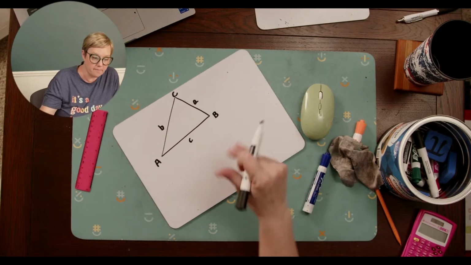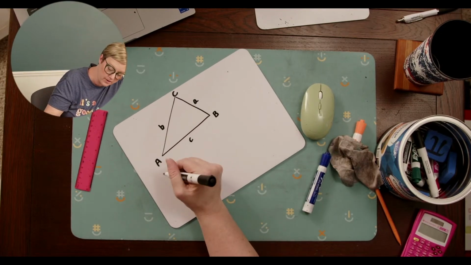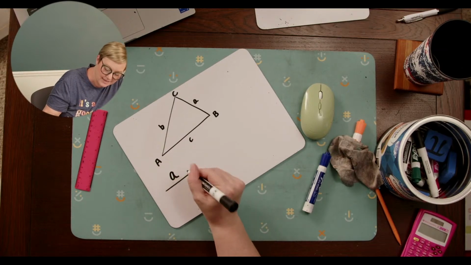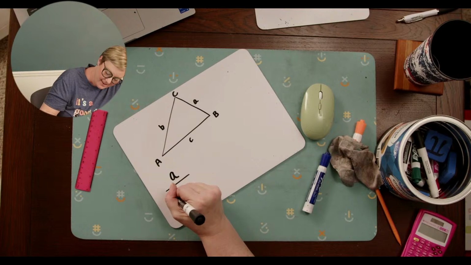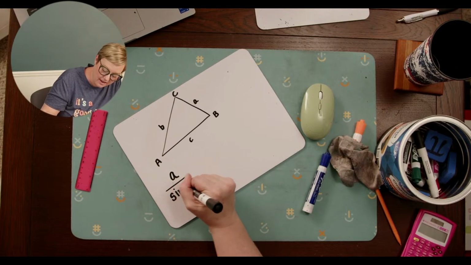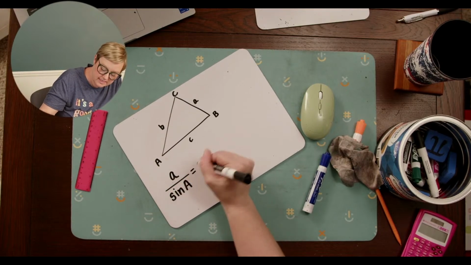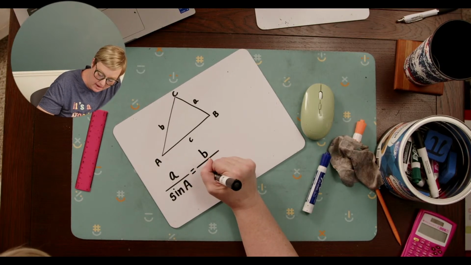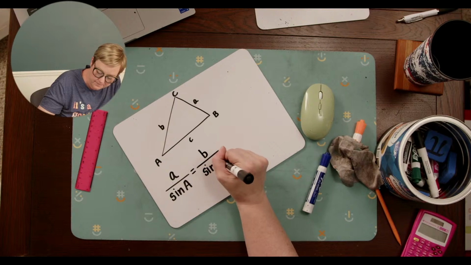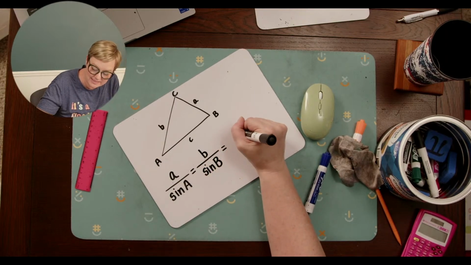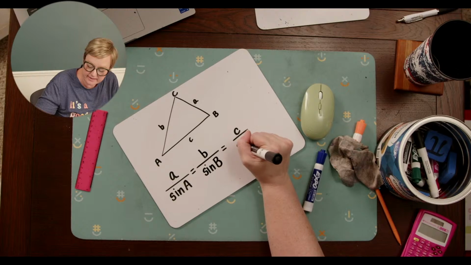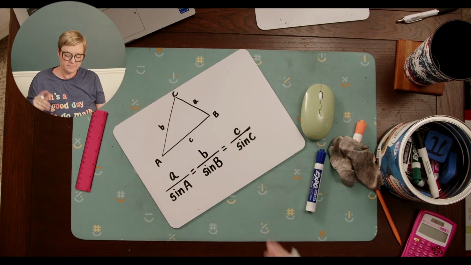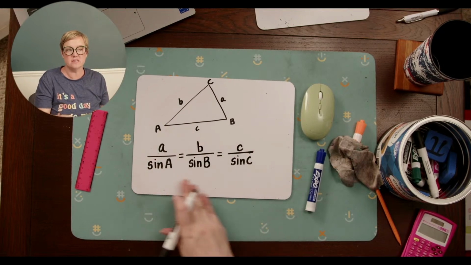So, for example, the ratio between side a and sine A is the same as the ratio between side length b and sine B, and it's the same as side length c and sine C. Okay, so that is the law of sines.